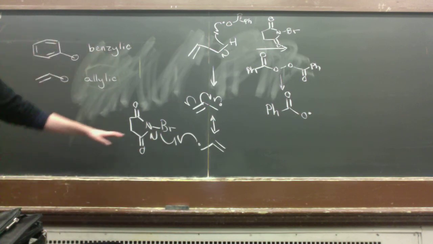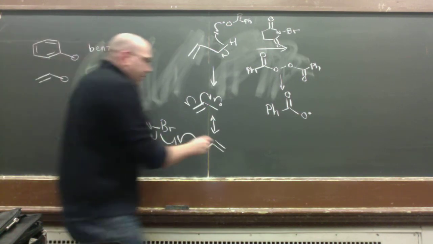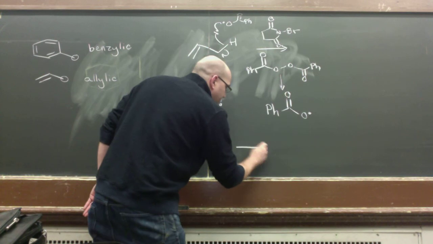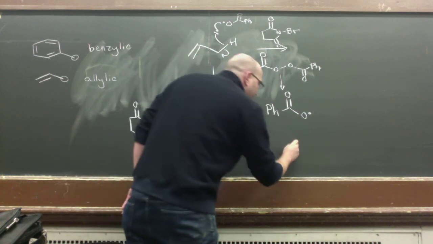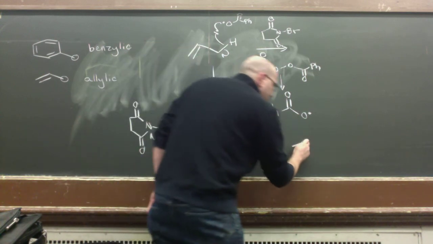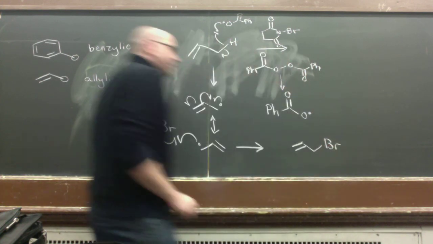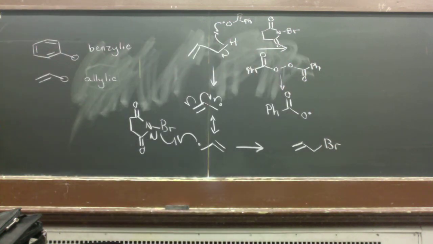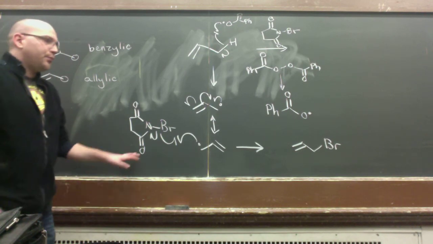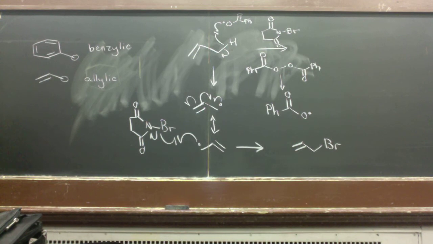Now you're going to put a radical on nitrogen, and it could go to either side, and you could perhaps predict which way it might go. But that's the general idea: you've seen in the past you can do this reaction, a bromination, so you can begin to brominate at that position selectively.